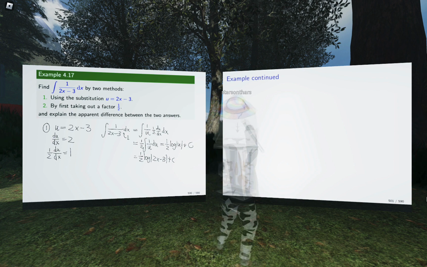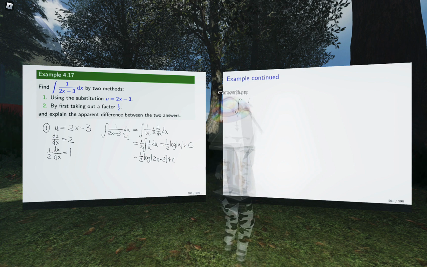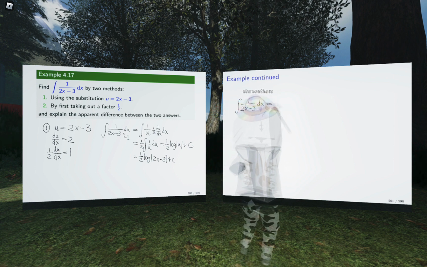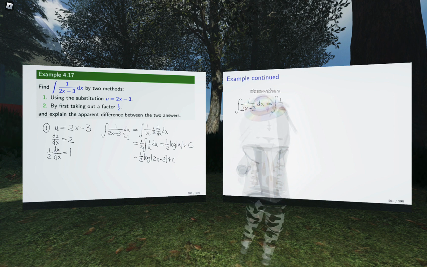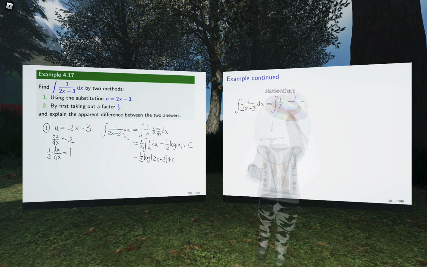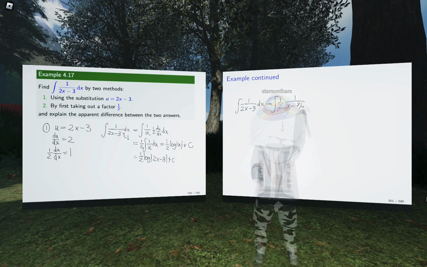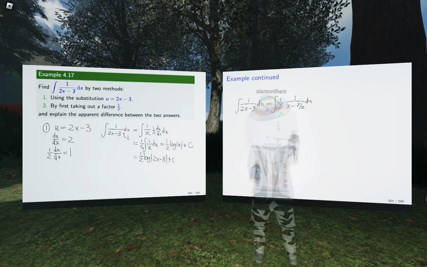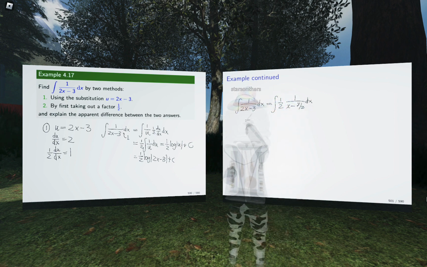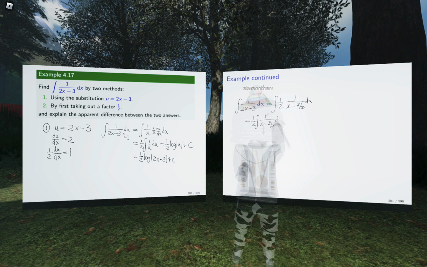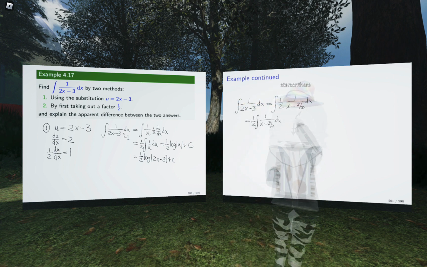So we start with the same integral, but we first divide by 2, and take that out. Now we do a substitution, but it's a different substitution.